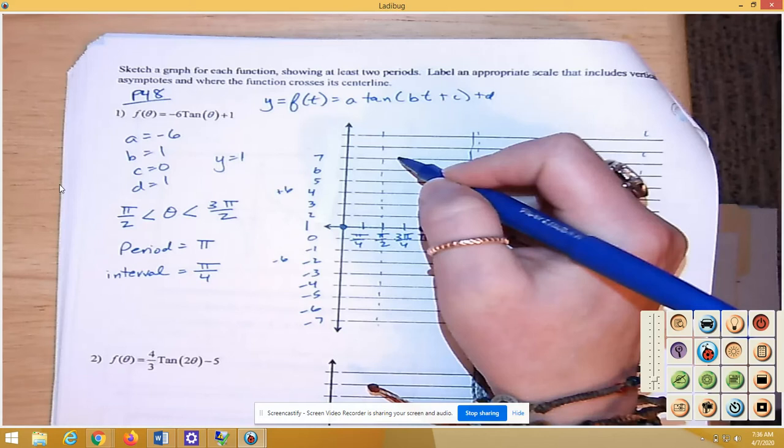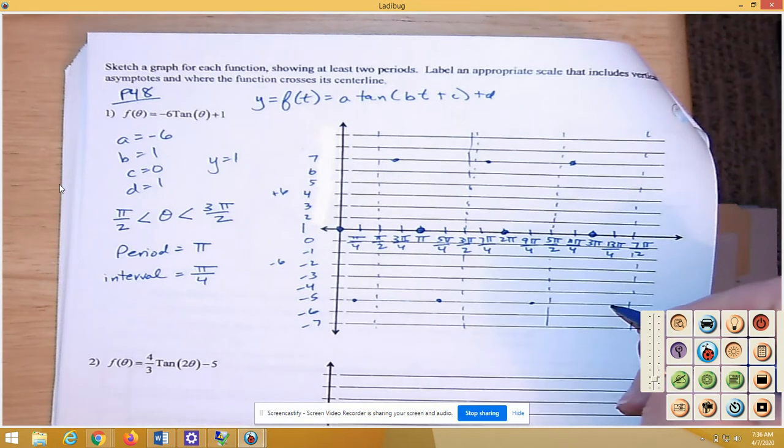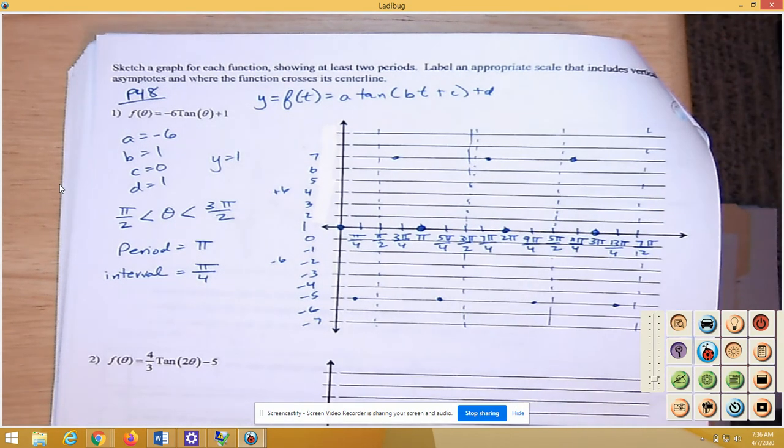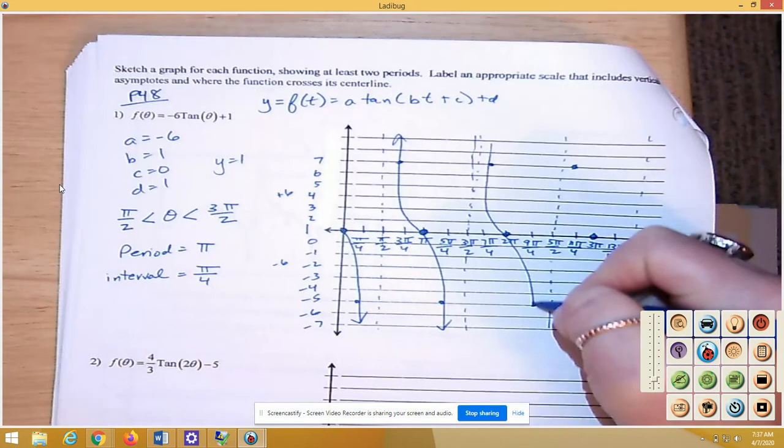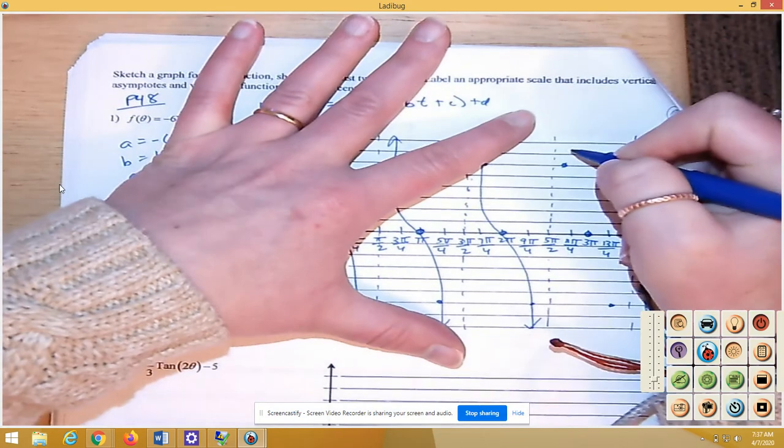So I know I only asked for 2 periods, and I clearly added a little bit more than that. No big deal. And then you just want to try to give it a curve. So you're going to come down here. And then you would just continue drawing your kind of S-shaped graphs. These are always decreasing. And the next one we're going to do is also always decreasing because it's a harder one.